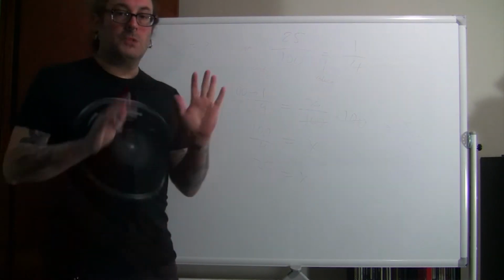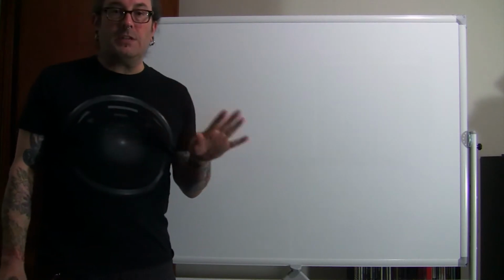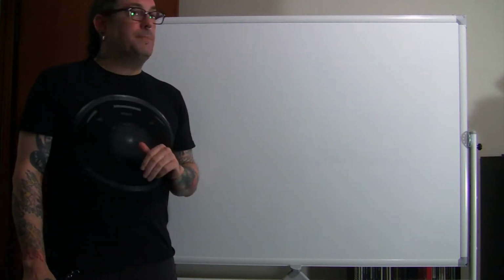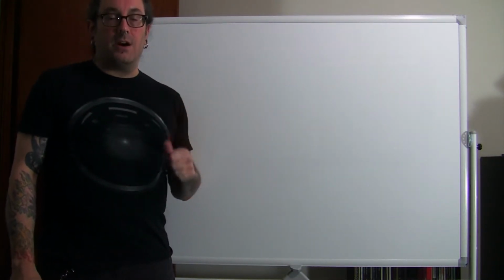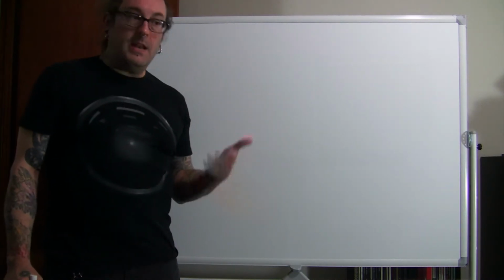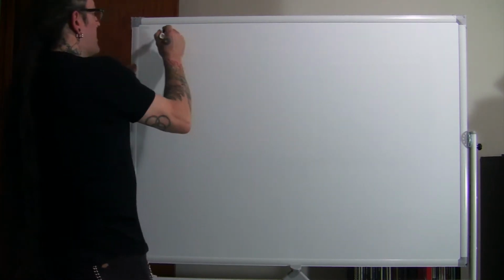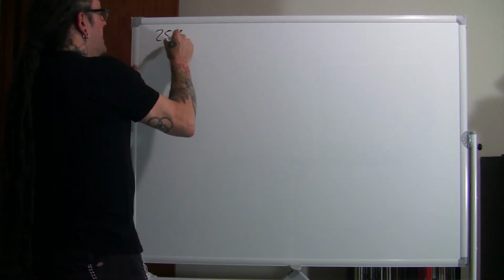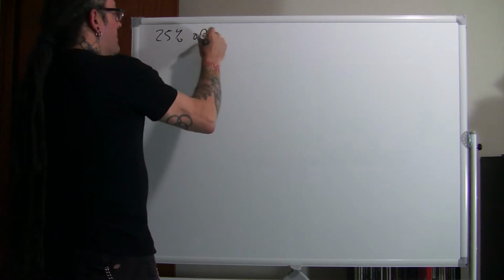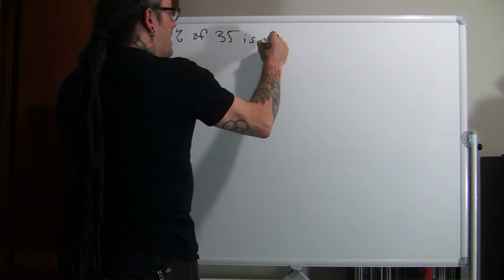And then we'll see how simple this can be. Okay, now we're ready to talk about some simple problems. The first type of problem is something like 25% of 35 is what? I'll just write it as you would see it in your book or in your homework. 25% of 35 is what?